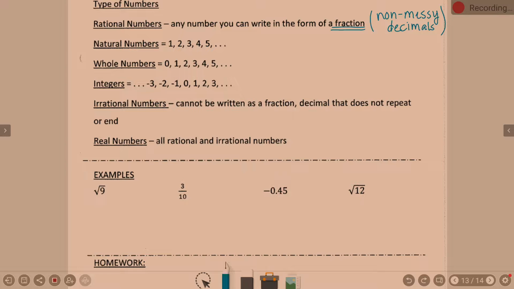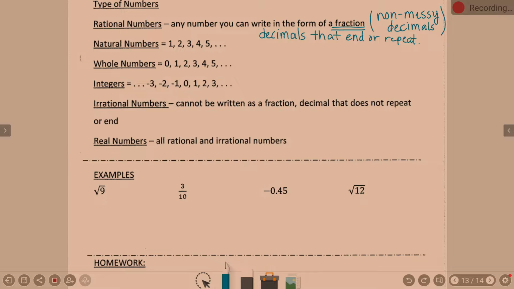Or another way I could say it is decimals that end or repeat. Okay, decimals that end or repeat. Now, that's one category we'll talk about.